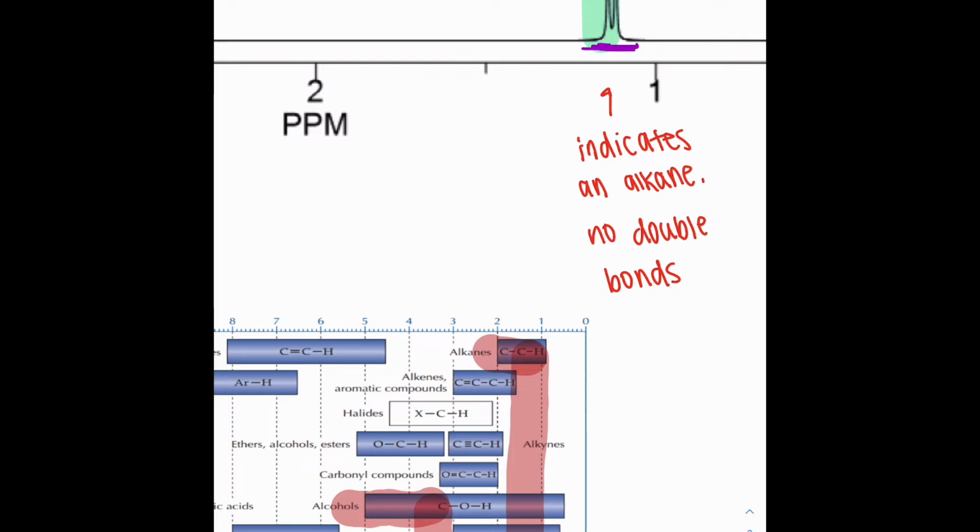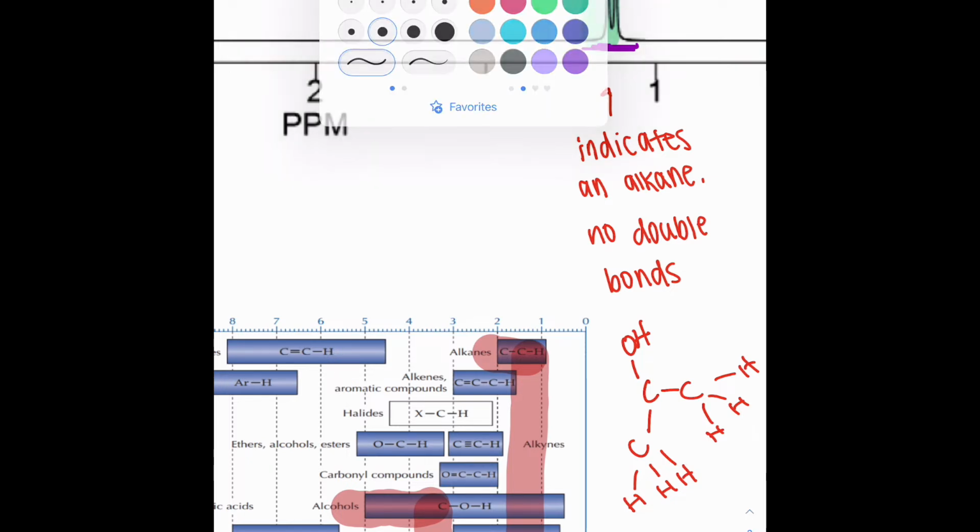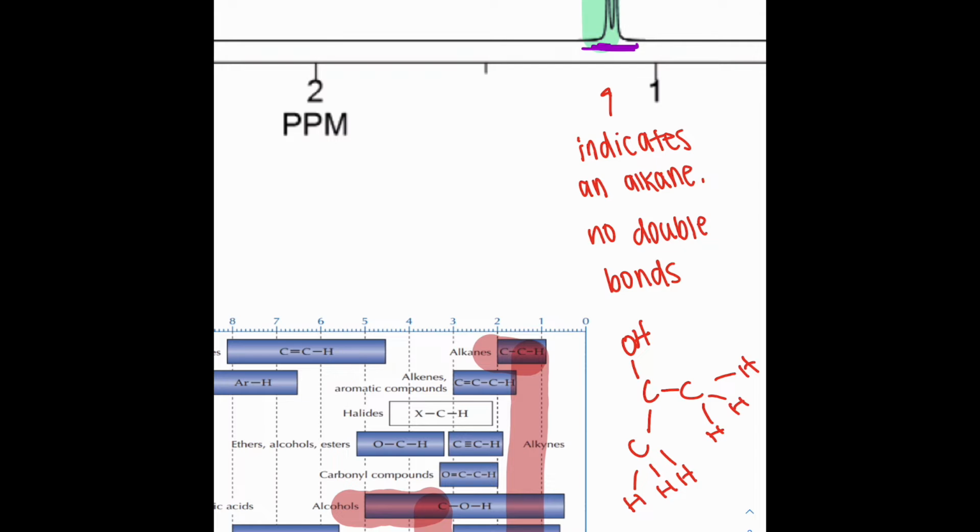So we have our OH group, and we have a carbon, and then we have our methyl groups. That is indicating an alkane connectivity, just because we don't see any double bonds or anything.